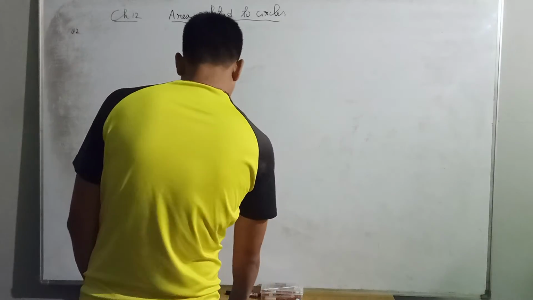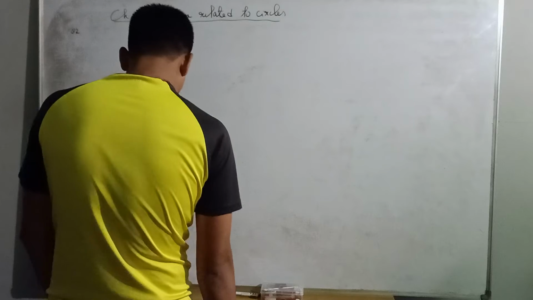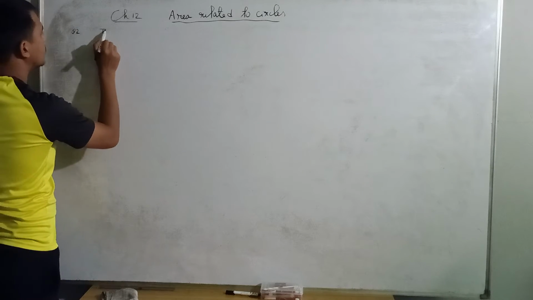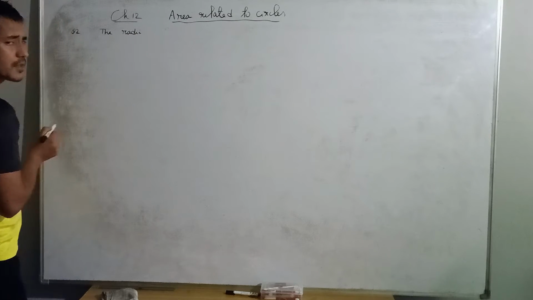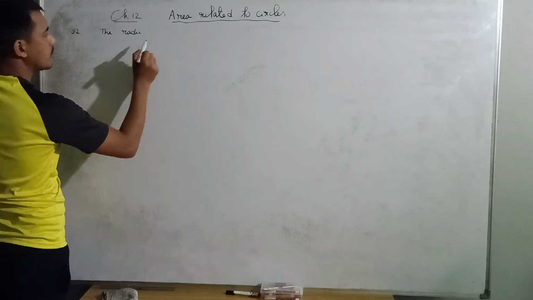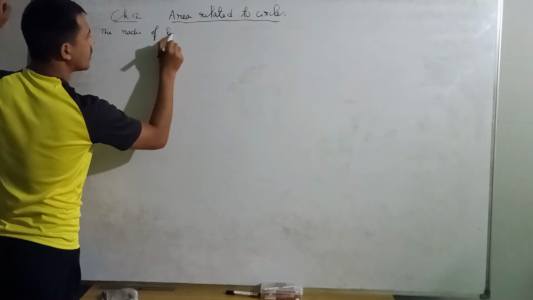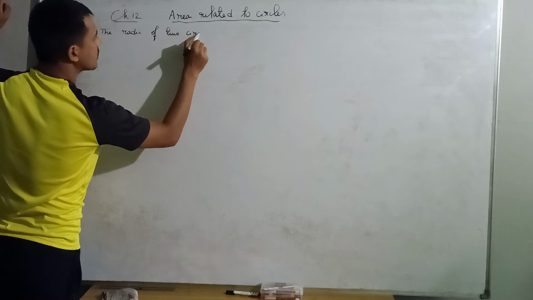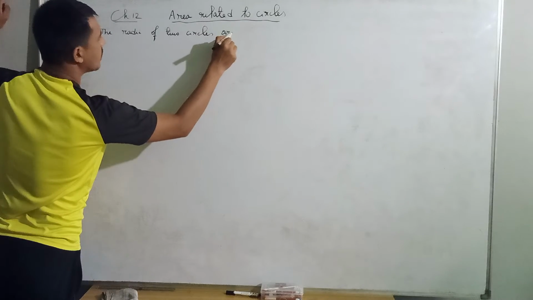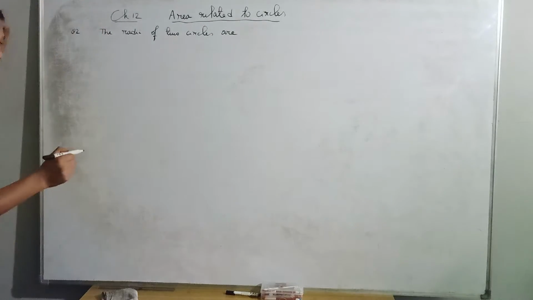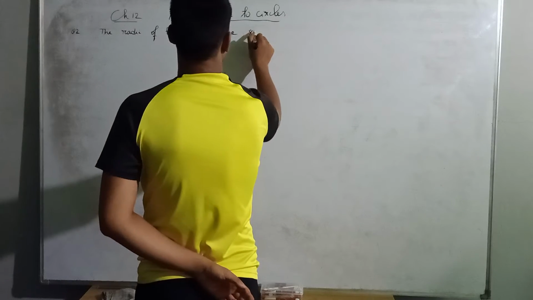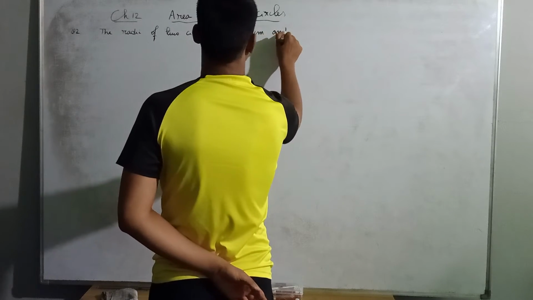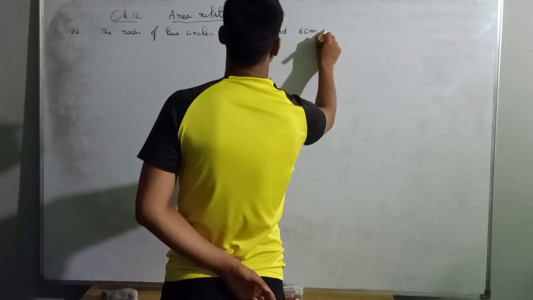Question number 2. The radii of two circles are, the radii, plural form of radius, radii. The radii of two circles are 8 centimeter and 6 centimeter respectively.